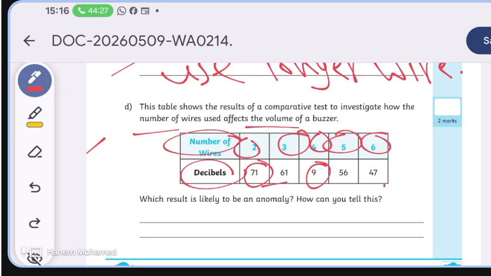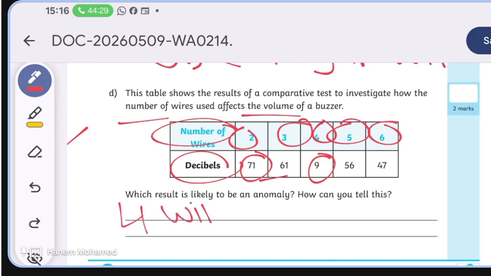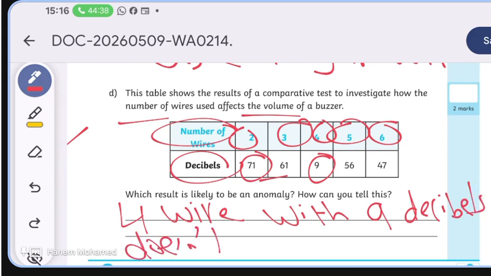So you will say 4 wires with 9 decibels doesn't make any sense as a result. In fact, it is supposed to be like 59 to be more reasonable.